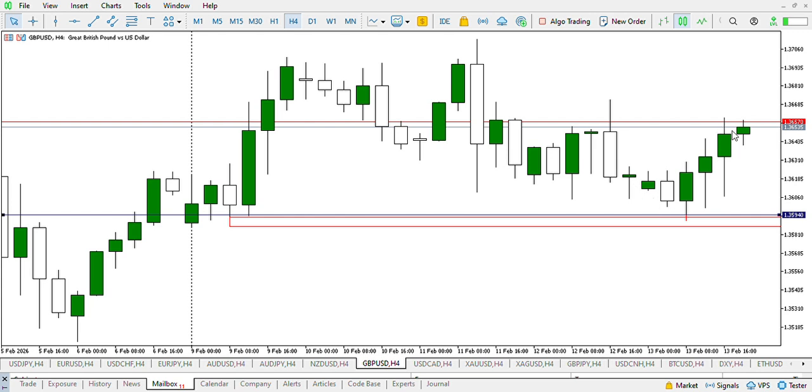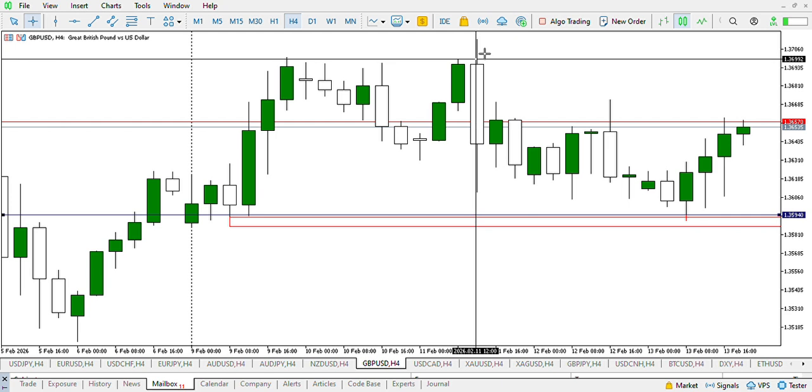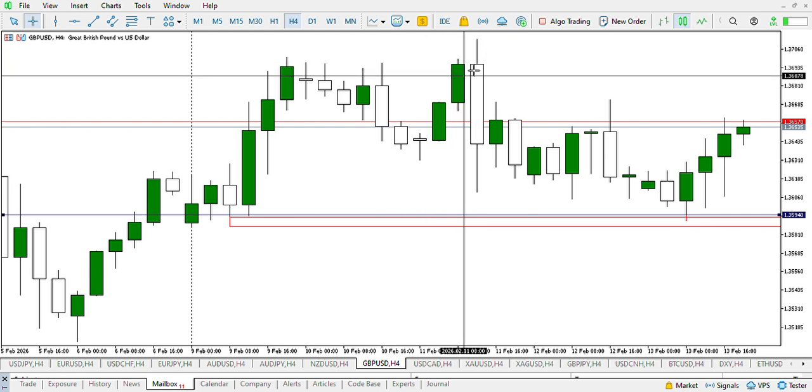I'll be expecting further reactions for the GBP USD, Euro USD, and the likes, the correlation pairs to continue to tank further up. So that is all for this, and let us also look out for some counter trend as well, because right here we can see we have this particular zone here which could serve as a counter trend.